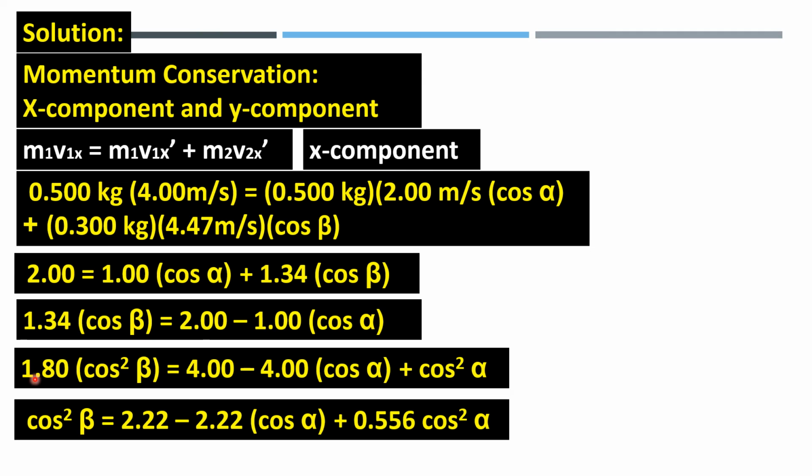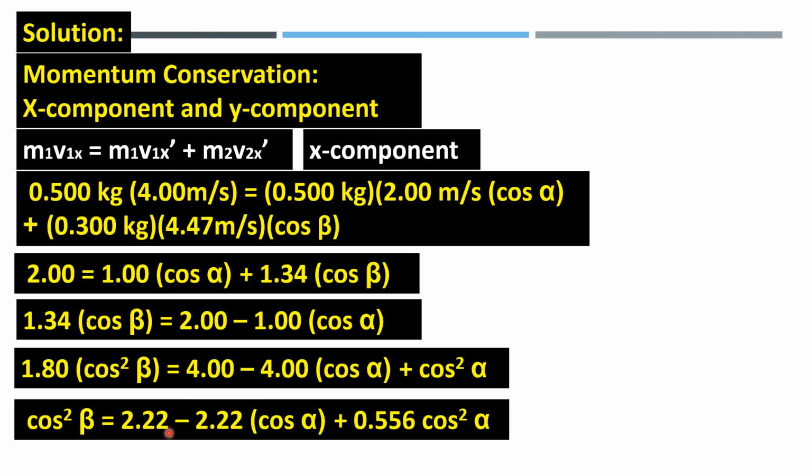We just divide all terms by 1.80. In here that cancels, and we just get cosine squared beta. But all of this will be divided by 1.80, and the result is 4 divided by 1.80 gives you 2.22.